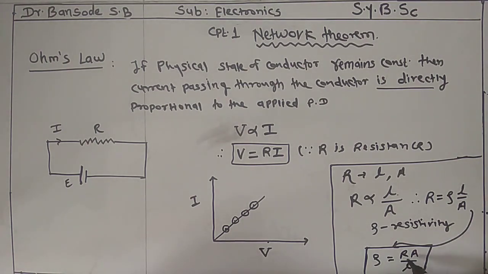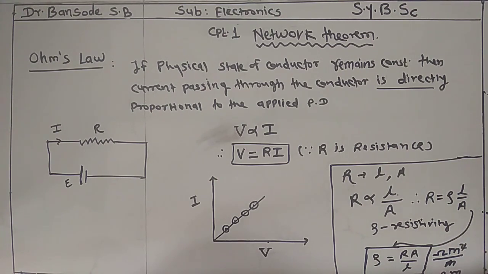Now from this formula we can derive the SI units. SI unit of resistance is what? Ohm. SI unit of area, meter square, divided by length unit, it is also meter. So meter square and meter get cancelled, and SI unit of resistivity is only ohm meter.